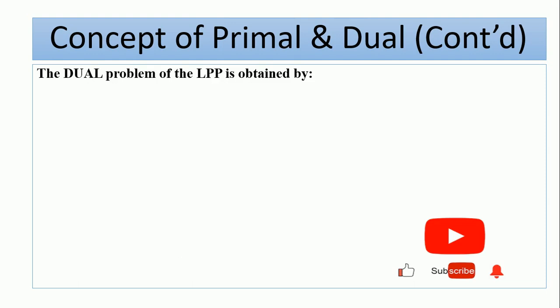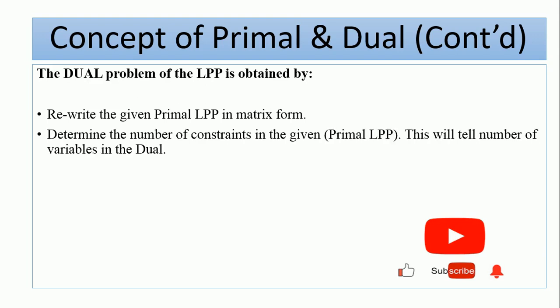Now, how do we obtain a dual problem from a primal problem? Step 1. To make life easier, you need to rewrite the given primal linear problem in matrix form. You shall see this in the example. Step 2. You determine the number of constraints you have in the given primal linear programming problem.